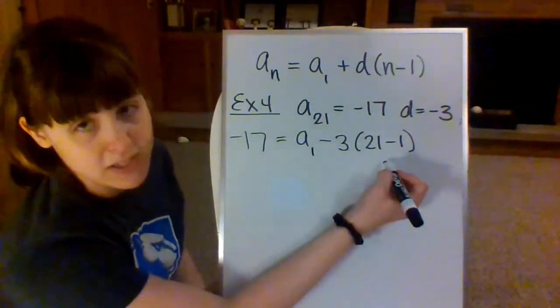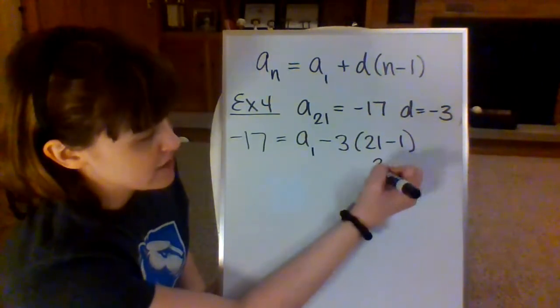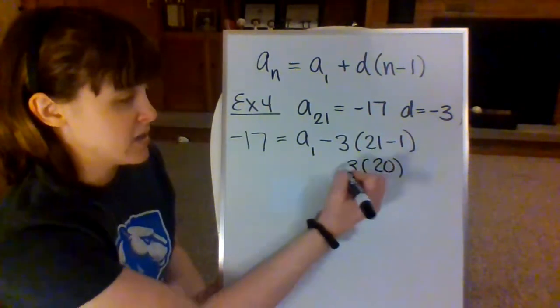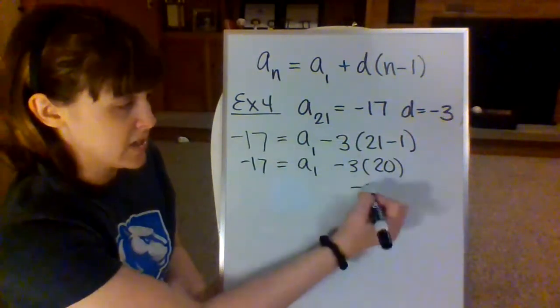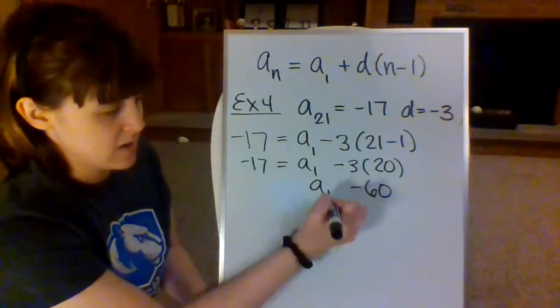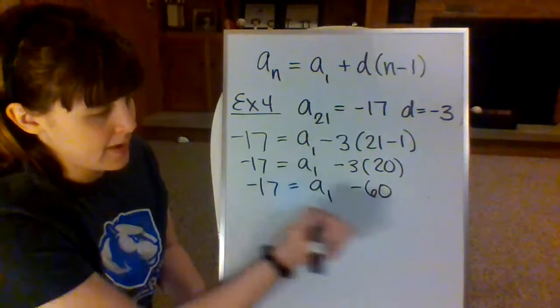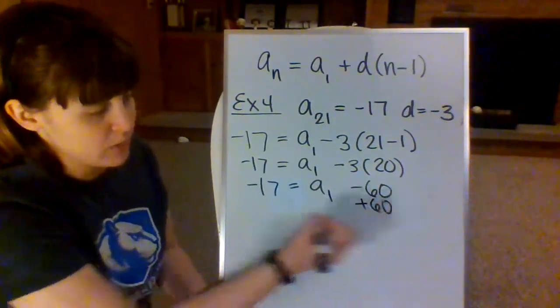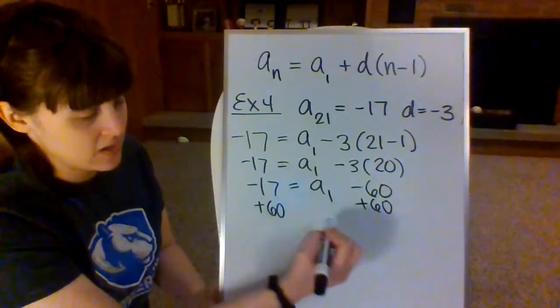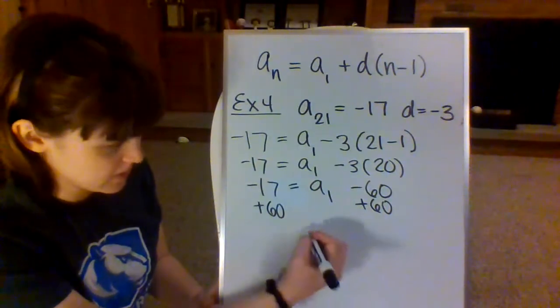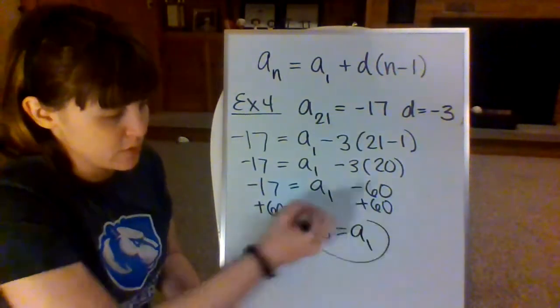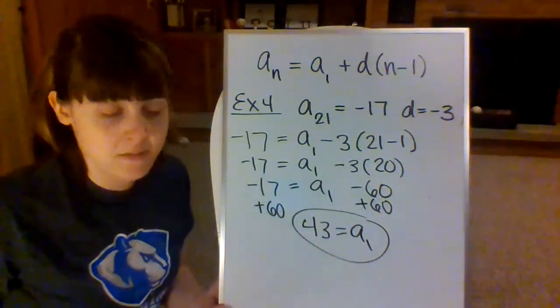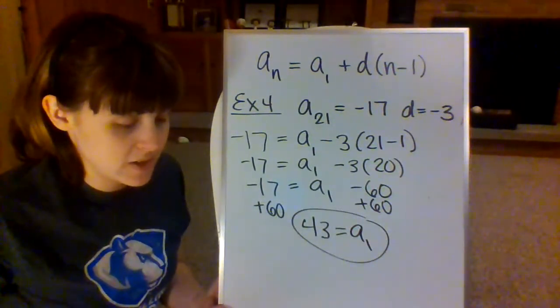Now I'm going to simplify this. So this is 20. 20 times negative 3 is negative 60. So negative 17 plus 60 is 43. So A1 equals 43. Okay, so that's just part 1.